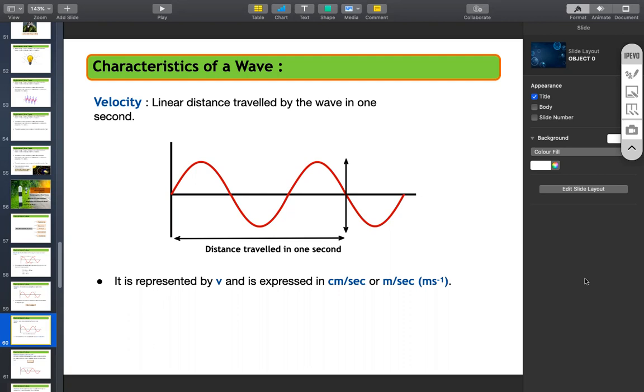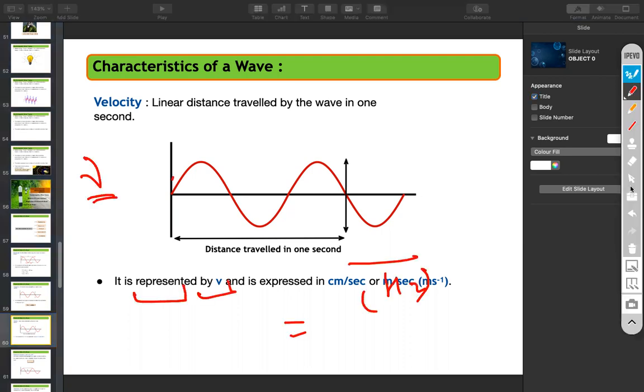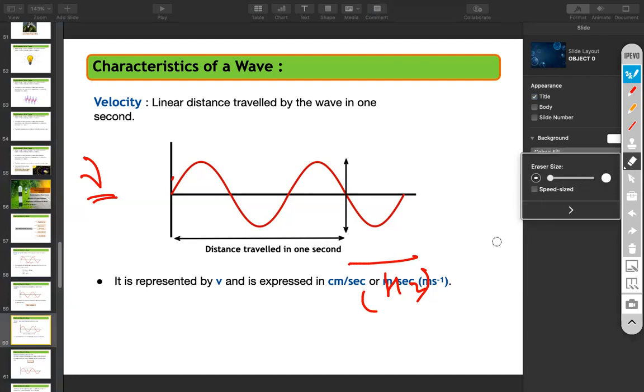Okay. So I asked the relationship between velocity, frequency, and lambda. So how can you do this? Okay, see. So here you have a velocity. Velocity is what?